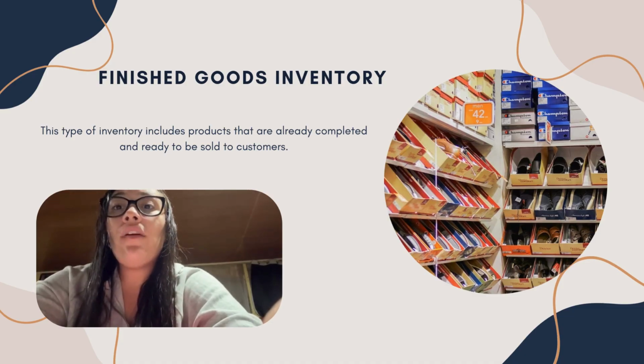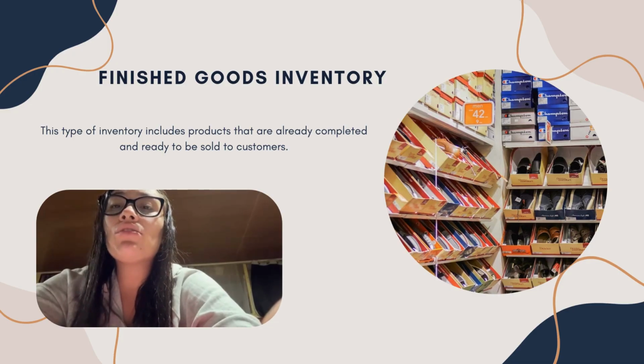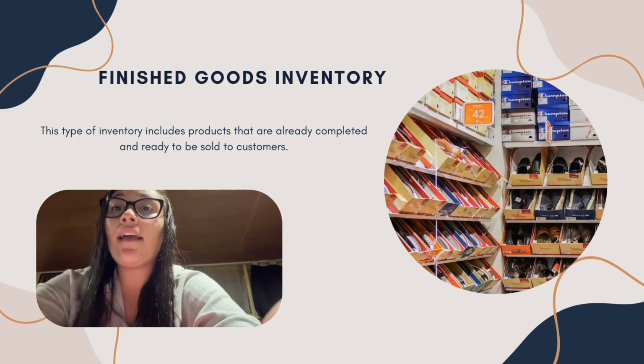Finished goods are very important because they help the company meet customers' demand quickly, represent a big investment, and, if managed well, prevent losses. For example, in a shoe company, pairs of shoes already packed and ready for sale are considered finished goods inventory.